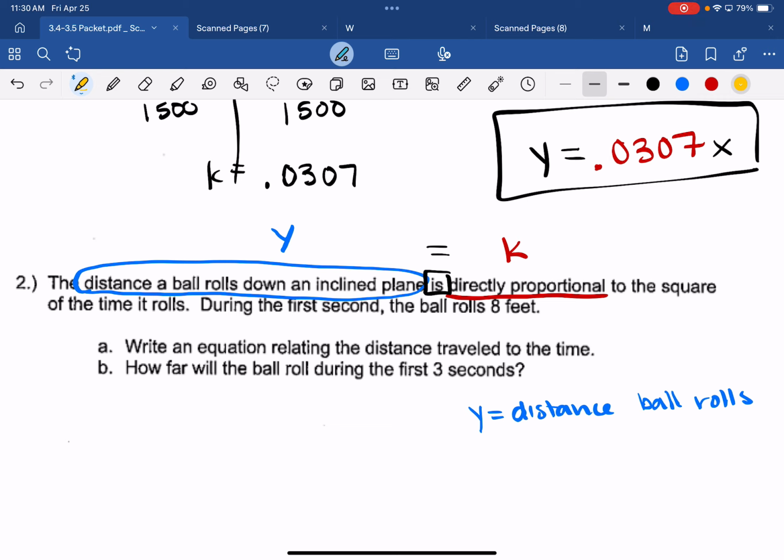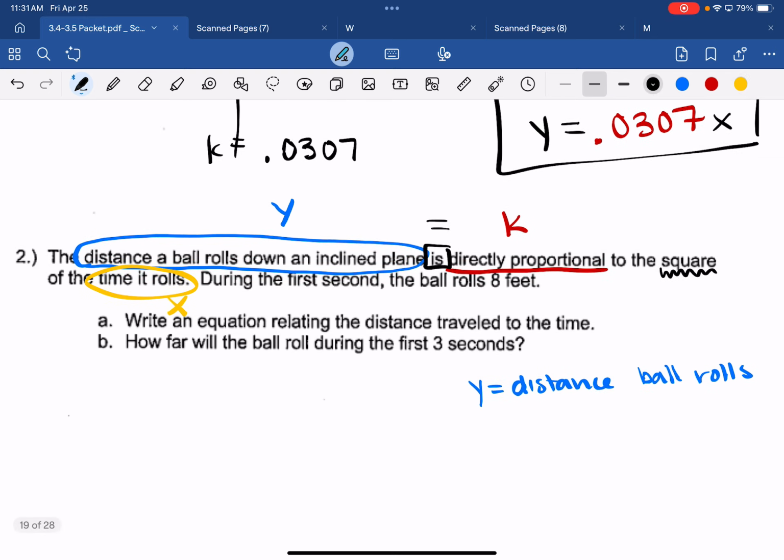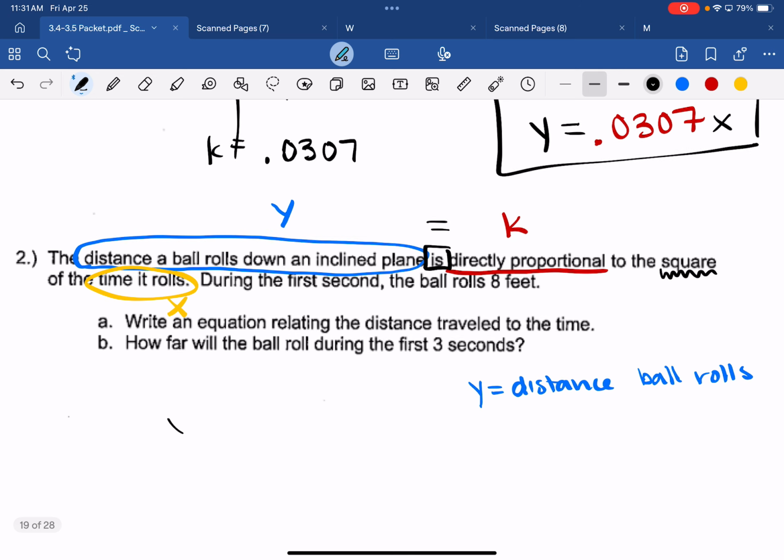The unit of measurement here is the time that it rolls, so that's going to be my x. But here we also have the square. So I have y equals kx squared. Now we have to pay attention to that word squared to know that I have an exponent here. It's not just a linear term.